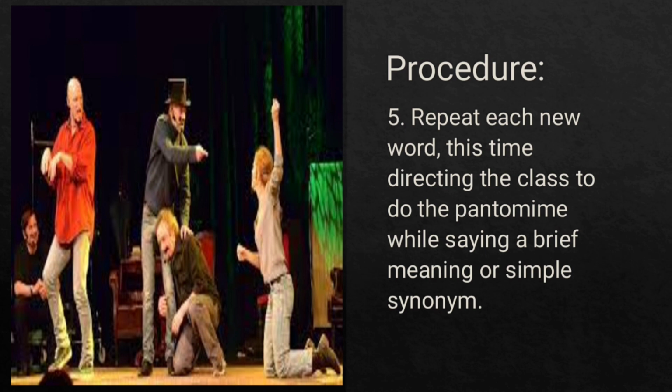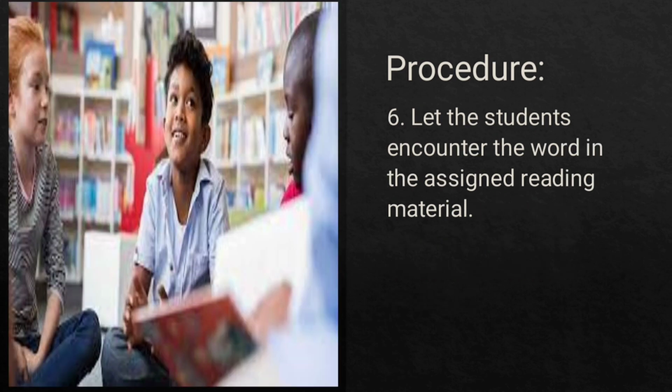This time, you will also give the meaning of that word. Procedure number 6, let the students encounter the word in the assigned reading materials. So, another cycle again. This time, the students will be the ones who pick the difficult word and let them know what the meaning of it is.